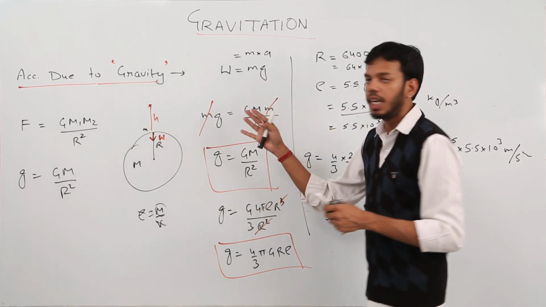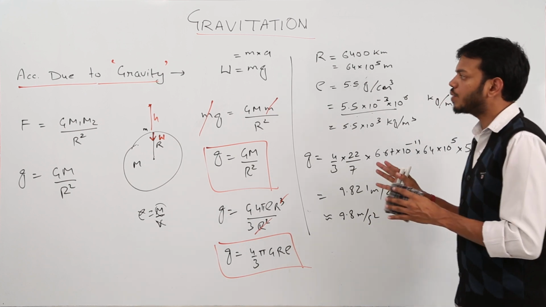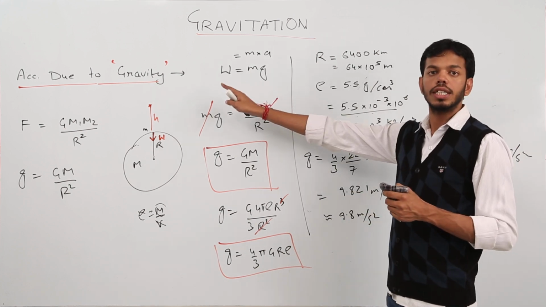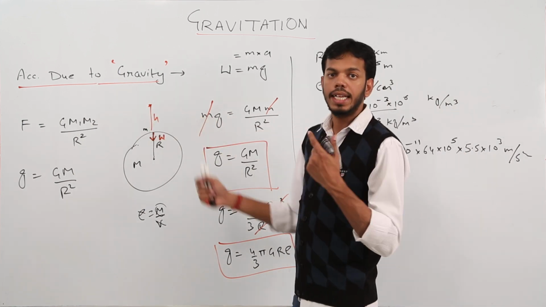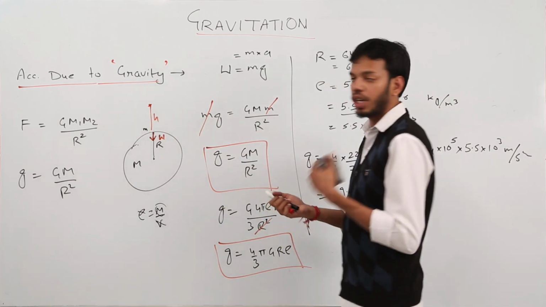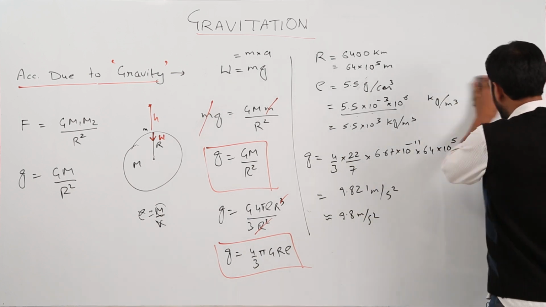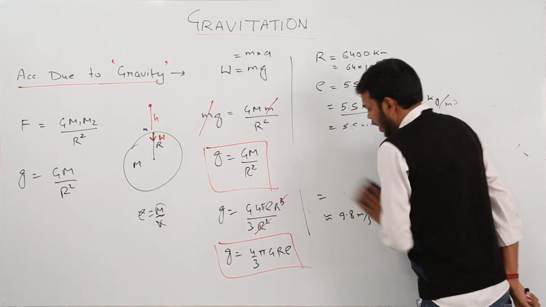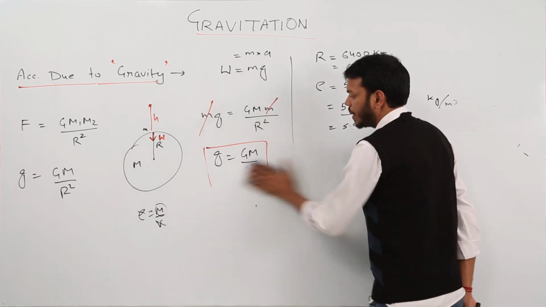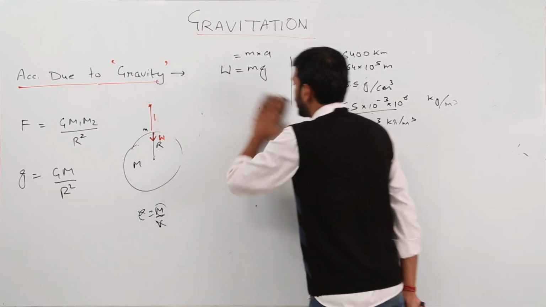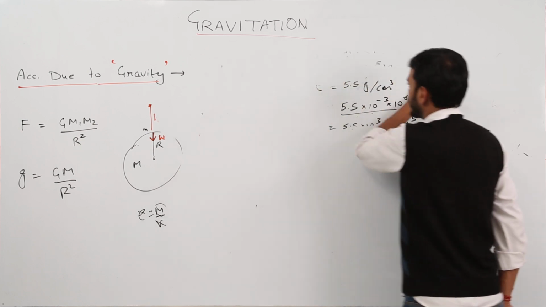There will definitely be a new formula. So one thing is for sure, that acceleration due to gravity changes with height. It will also change with depth, and hence it will also change with rotation of earth. So let's do all those things, and we'll start with the changes in acceleration due to gravity. So you can note down this topic, variations in g, and we'll start with the height first.